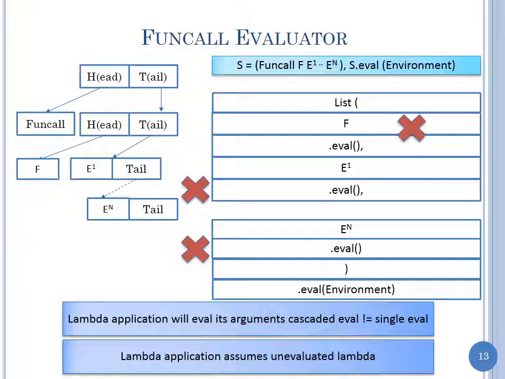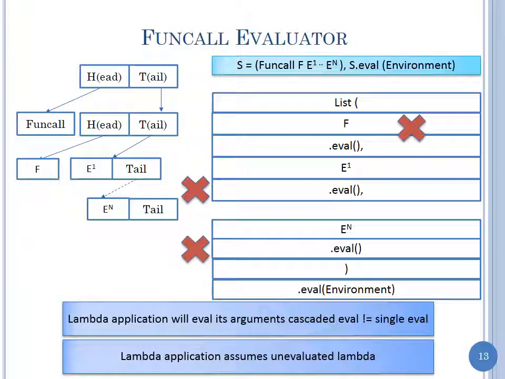Okay, so we said we have to eval f. We can do lookups of f, but if we do lookups of f, then we are restricted to variable names. If we want arbitrary expressions there, we want a lambda expression. We should be able to say funcall, lambda expression, and then arguments. Later we'll see our functions can return functions, so we want to be able to evaluate and apply returned functions too.